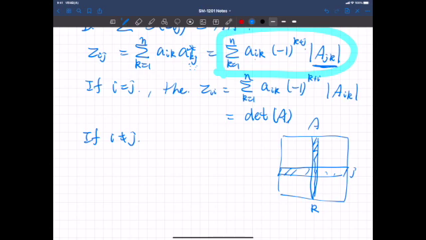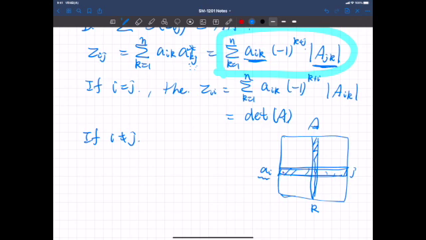But the original matrix here was A, but if you replace this jth row with a_ik, so here we replace with the ith row.